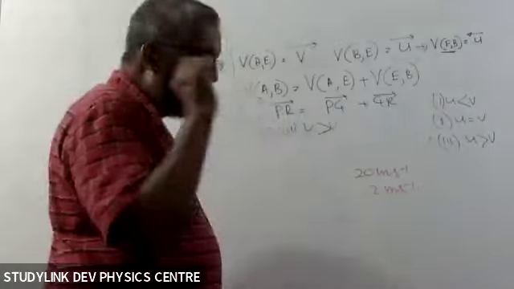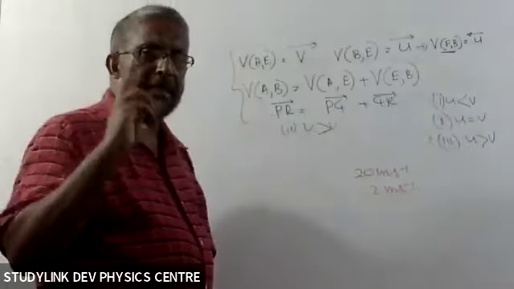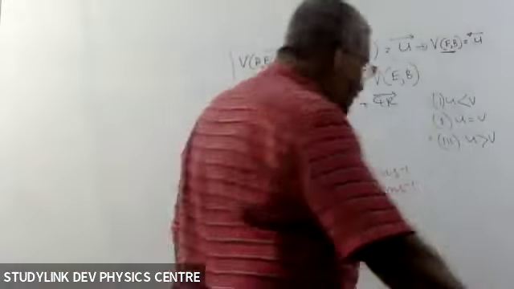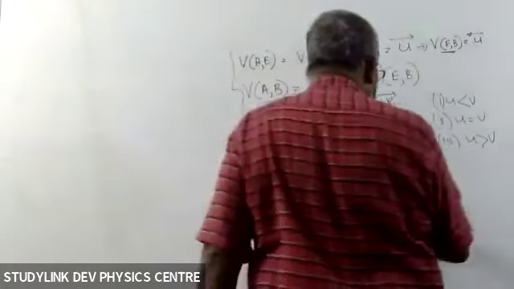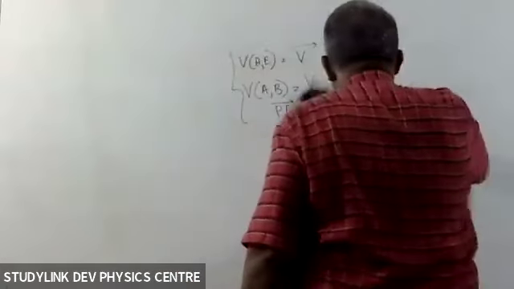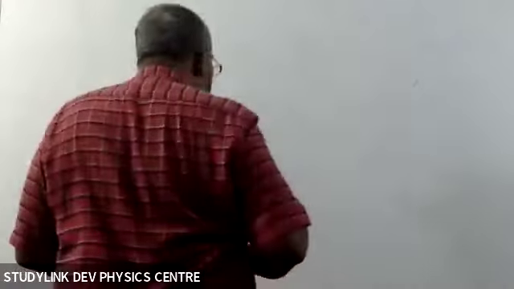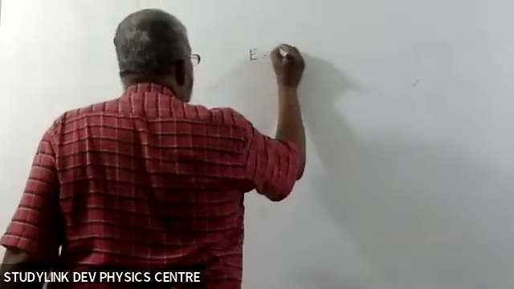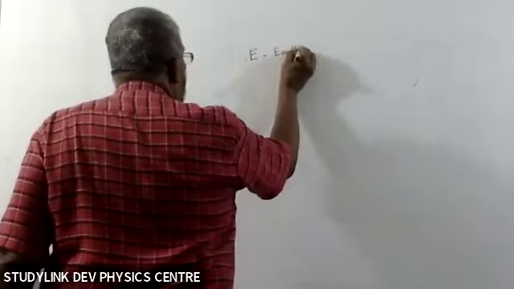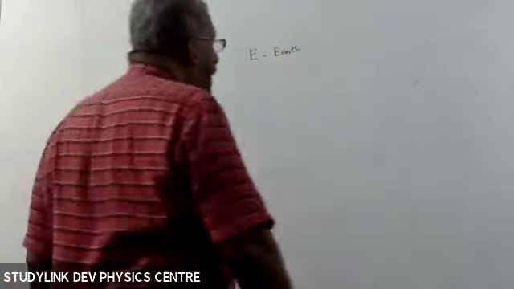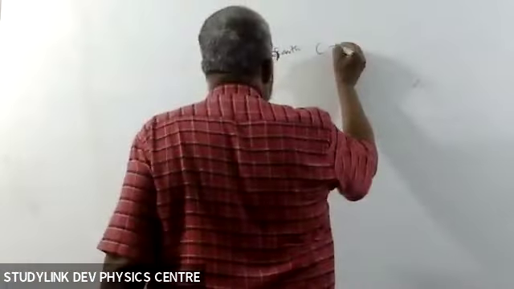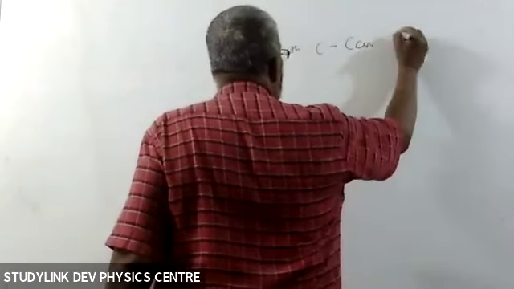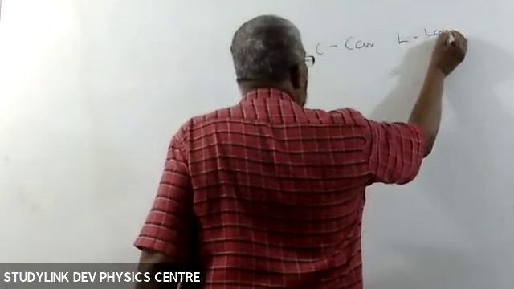Now, when you are doing it for the second paper, this is how you start. First you start with E is earth, C is car, L is lorry.